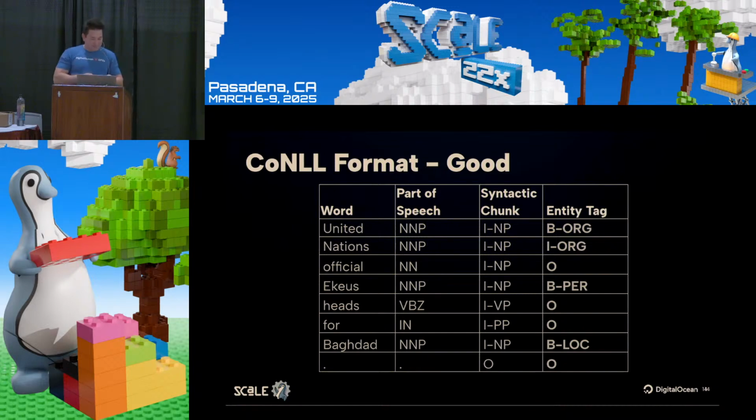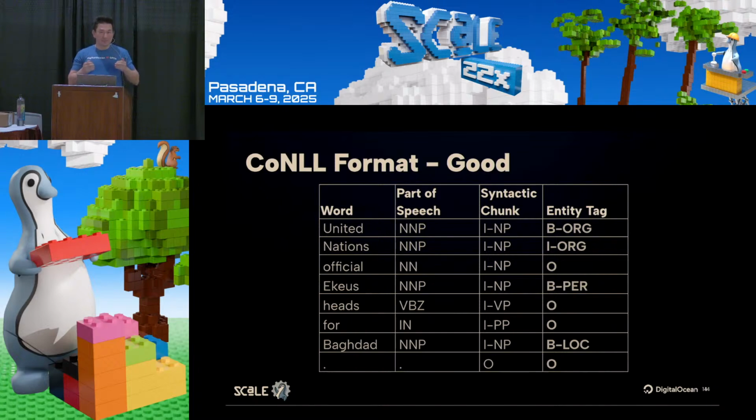So if you wanted, for whatever reason, to be notified for the word "heads," you could literally attach a label that says B-heads, and you'd get notified anytime that particular word or group of words was classified.